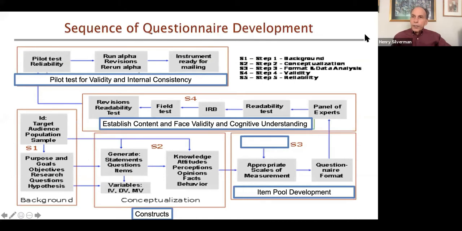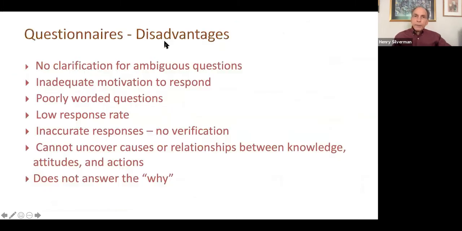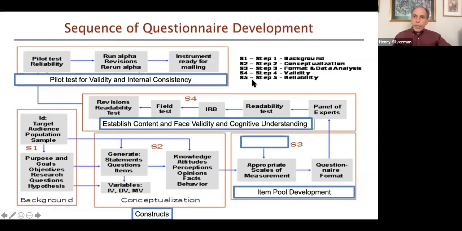Let me just briefly walk you through this. These are the steps, the sequence of questionnaire development. First, the background part: you identify your target audience and your purpose and goals of doing the questionnaire, which we have gone over.